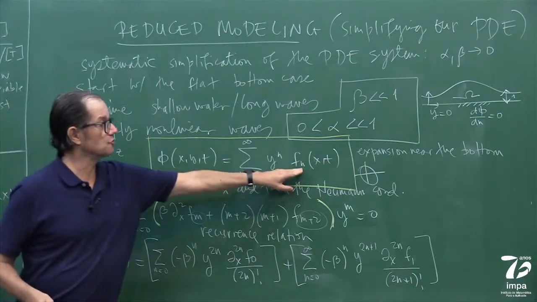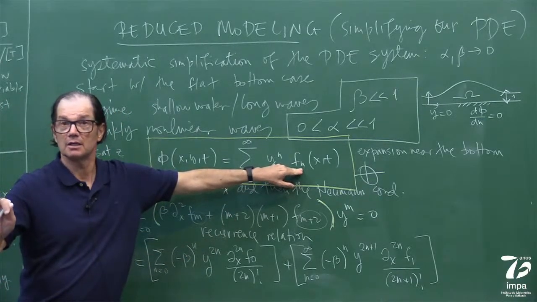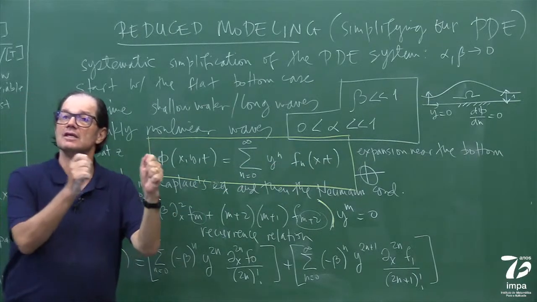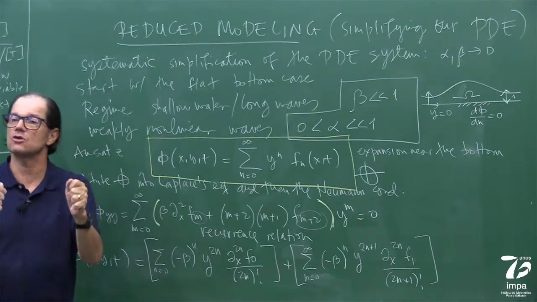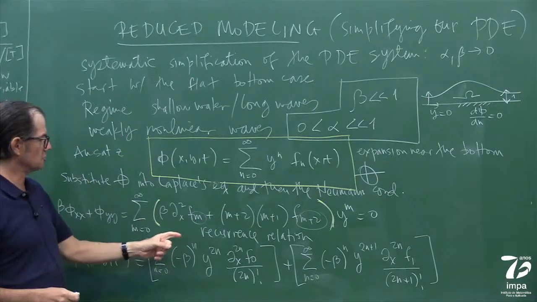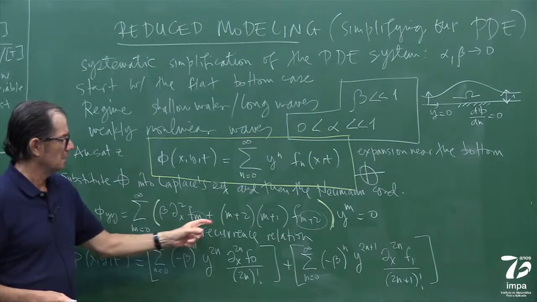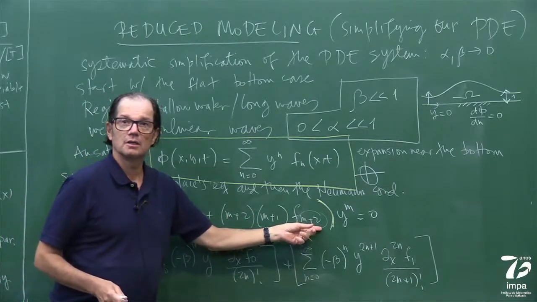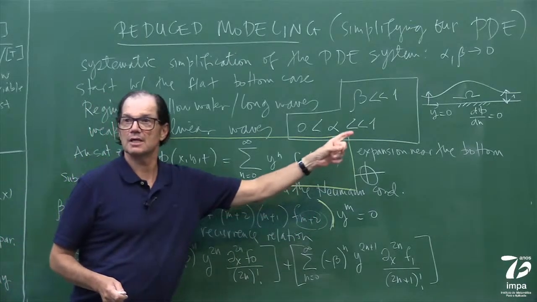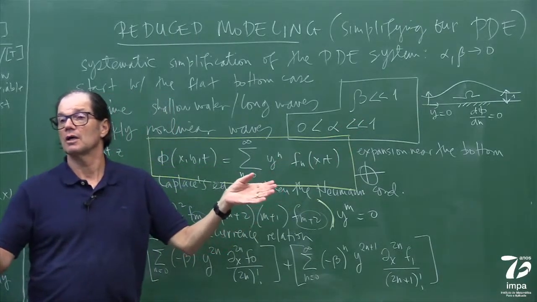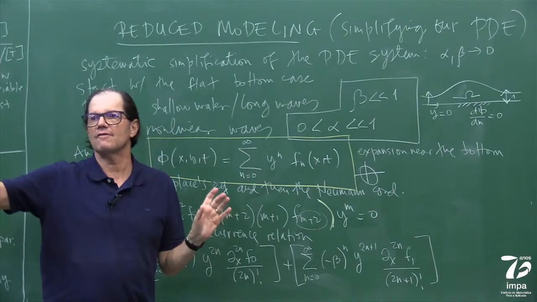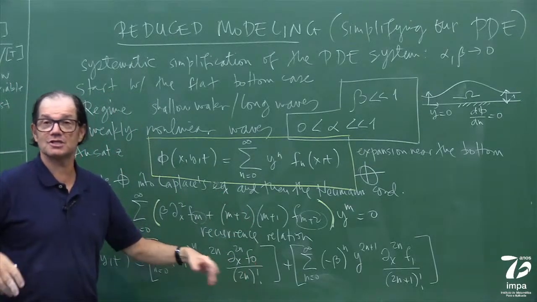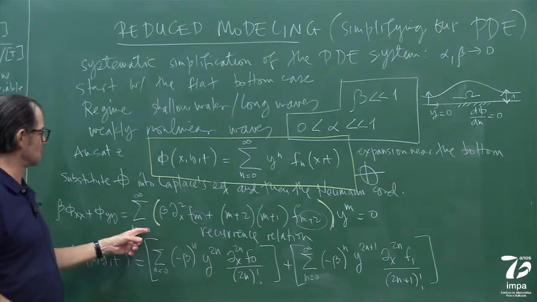From the recurrence relation, we note the following. These functions here, that I don't know what they are yet, but I realize that only the even ones couple with the even ones, and the odd ones only couple with the odd ones. Because look, it's m and m plus 2. If m is 1, this is 3. If m is 2, this is 4, 6. So therefore, I only have 2 possible cases to deal with. f0, the even ones, because it actually starts from 0.